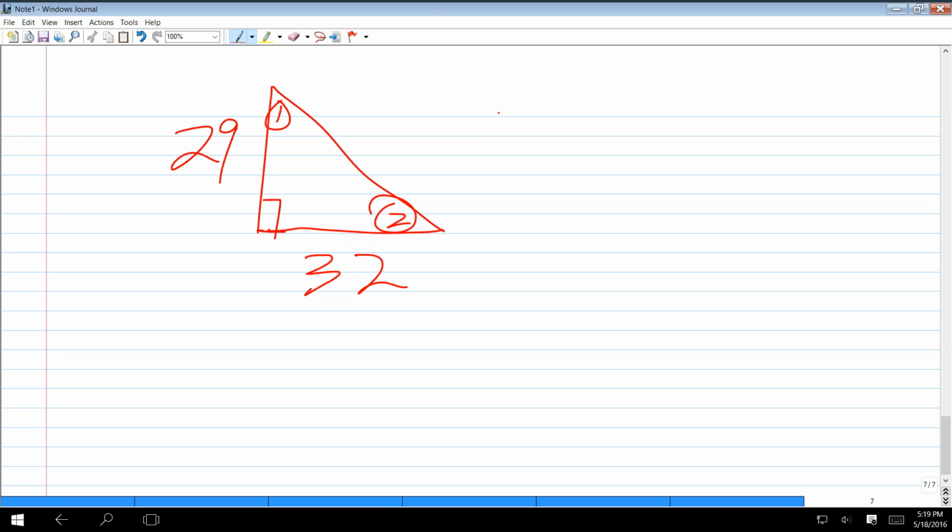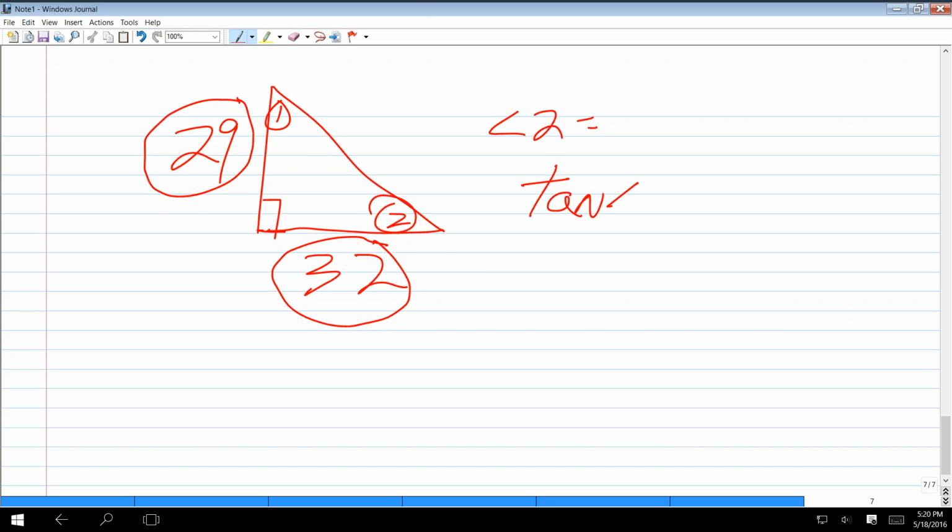Now, how do you get it? What is angle 2 equal to? What trig function relates that number and that number and angle 2? Tangent. So I could say the tangent of angle 2 is equal to the opposite side over the adjacent side, 29 over 32.